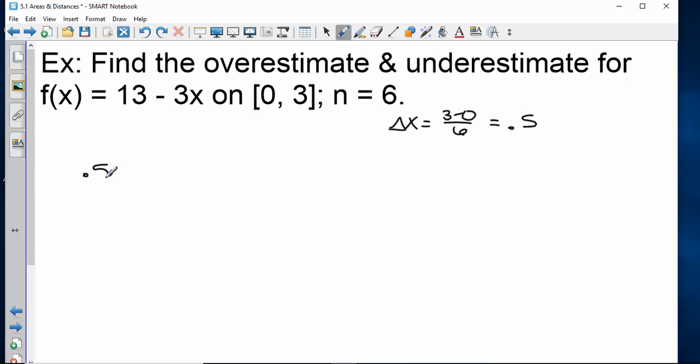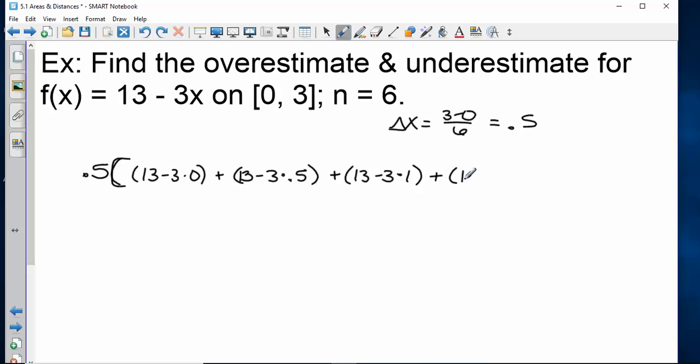So we'll be multiplying by 0.5 every time. The first one, you'll start by plugging in 0. So 13 minus 3 times 0, plus, then you just add 0.5 each time. So 13 minus 3 times 0.5, plus 13 minus 3 times 1, plus.